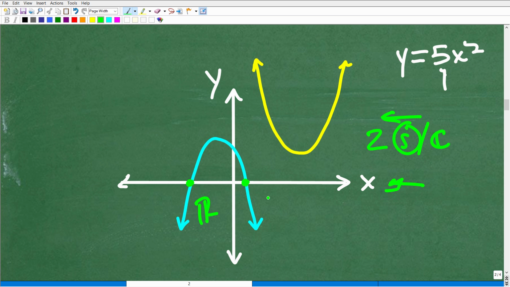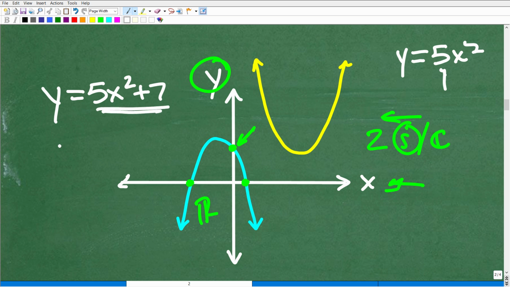So this concept of graphs that cross through the x-axis, those x-intercepts, are actual real number solutions. Now, there's another point for graphs that we want to take note of, and that's this point right here. That's the y-intercept. It's the point where the graph crosses the y-axis. So if I wanted to find the x-intercepts, let's make something up here. If I have 5x squared plus 7, I would take this equation and set it equal to 0. 5x squared plus 7, set that equal to 0.